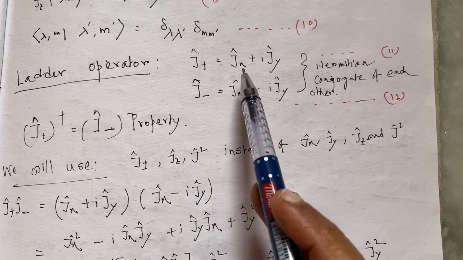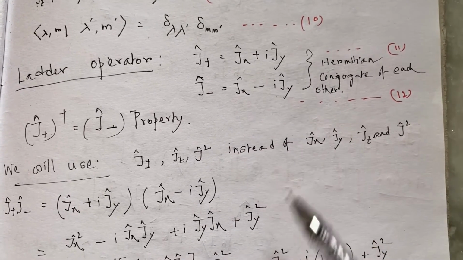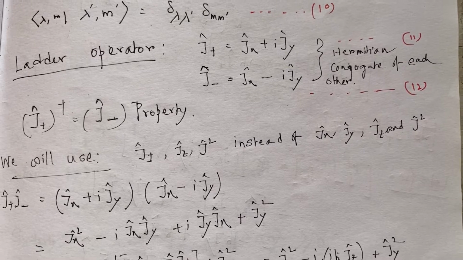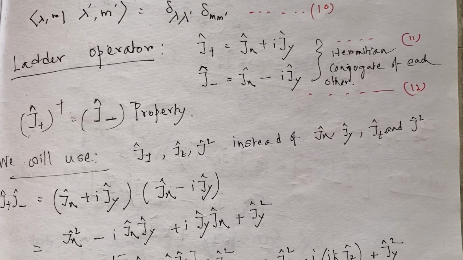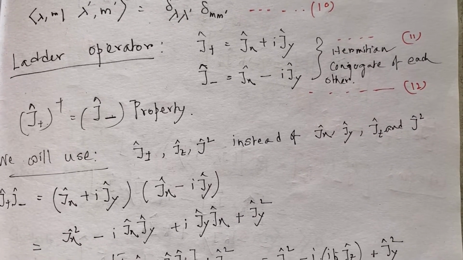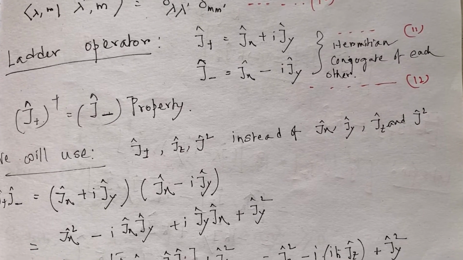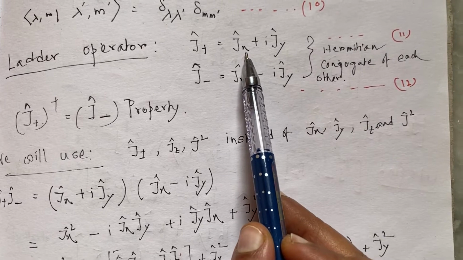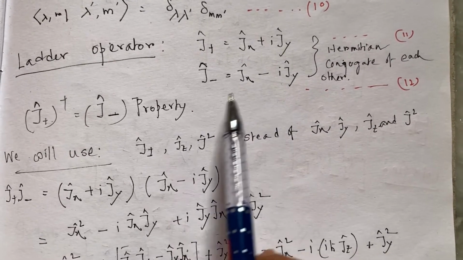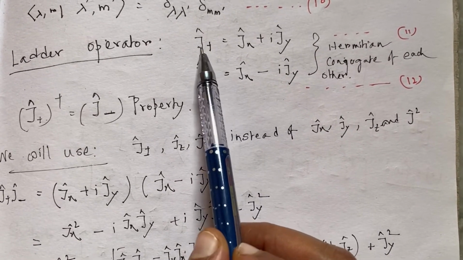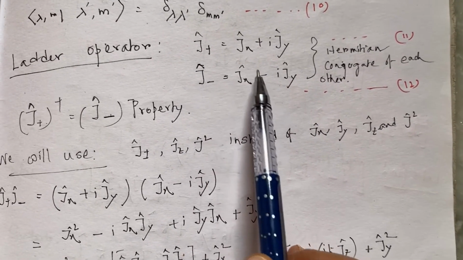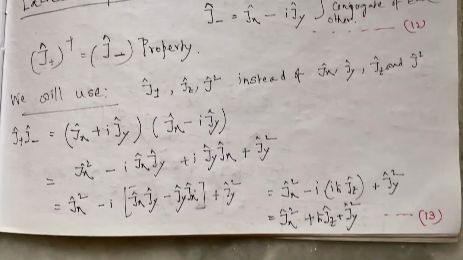And as Jx and Jy represent physical dynamical variables, physical quantities like angular momentum, which can be obtained from experiments, Jx dagger should be Jx. So if I take J plus and its Hermitian conjugation, I'll get this J minus.